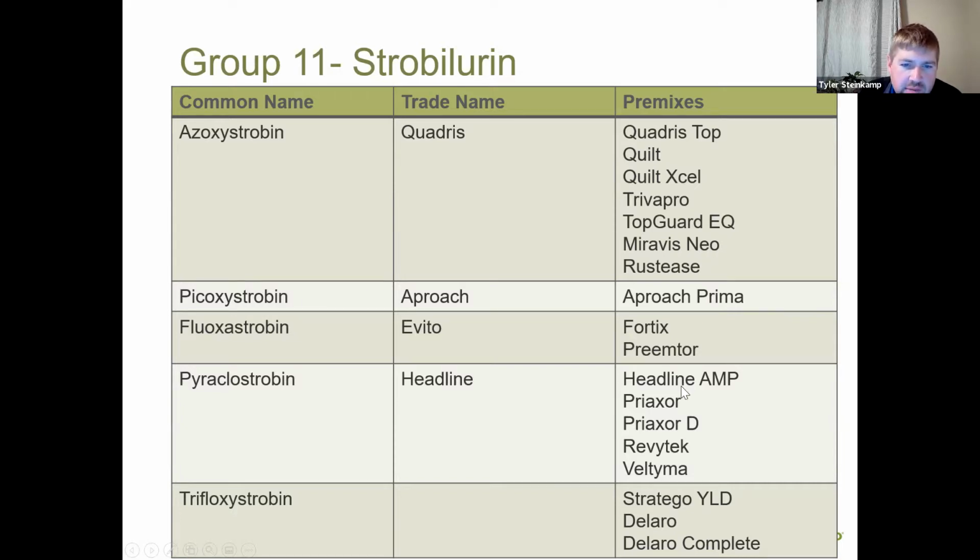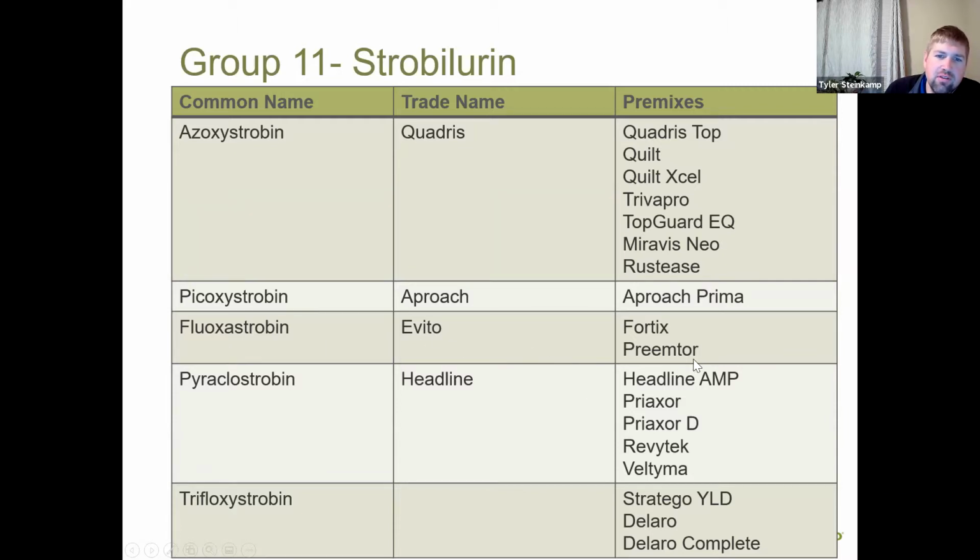One thing you'll start to notice is that specific companies tend to have specific active ingredients. Most of these products we're seeing with azoxystrobin are coming from Syngenta. Picoxystrobin, you'll see, is Corteva based.